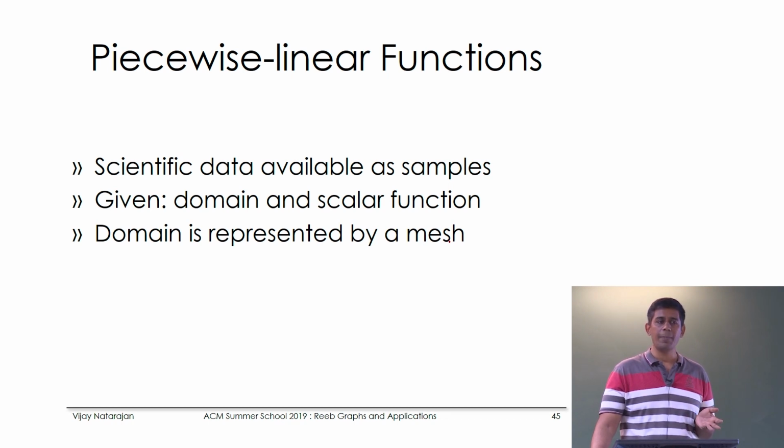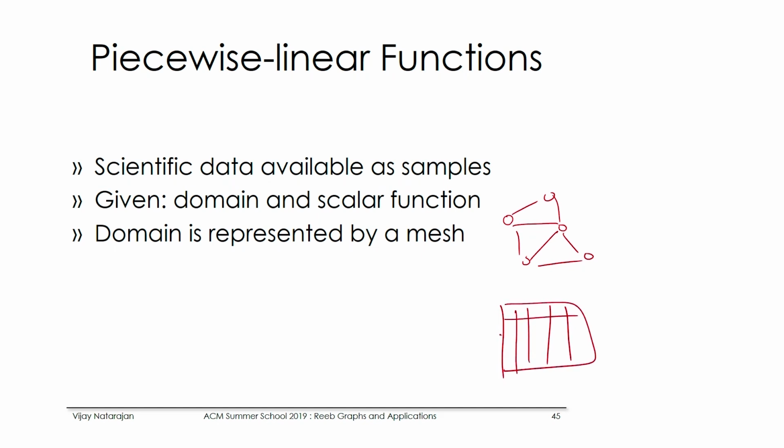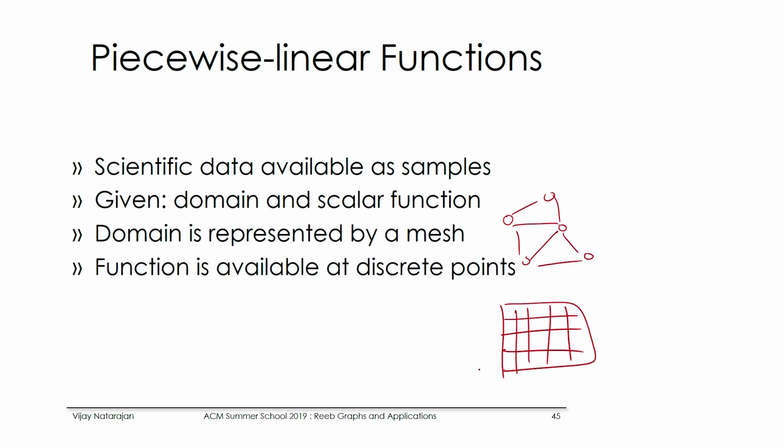The domain and the scalar function are given in the following way. The domain is often represented as a mesh. By a mesh, I mean a triangle mesh, something like that, or a grid. The function is specified at a discrete set of points, either at these locations or at the grid points, in this example.